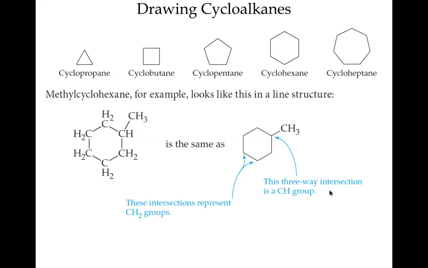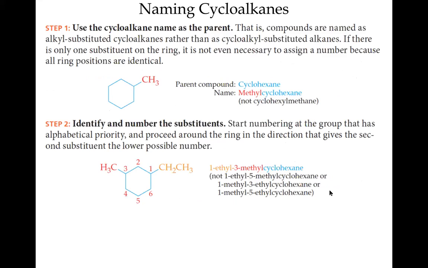But what happens when there is more than 1? Then we have to figure out how to number these carbons in a way that keeps those numbers as low as possible, and we start with the group that has alphabetical priority.